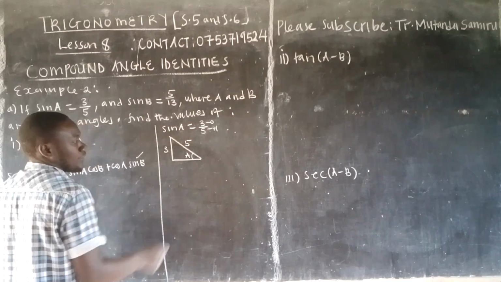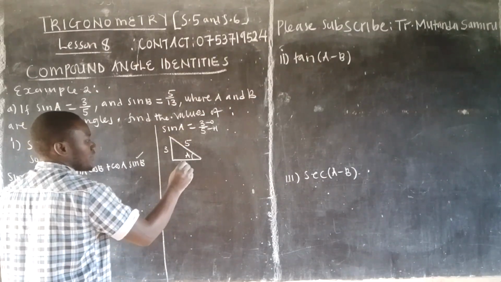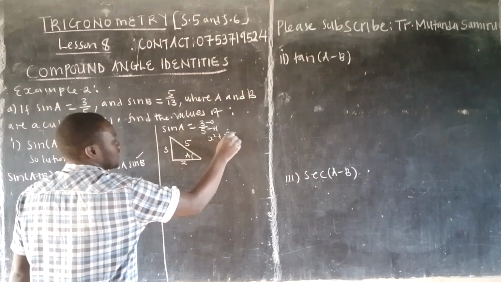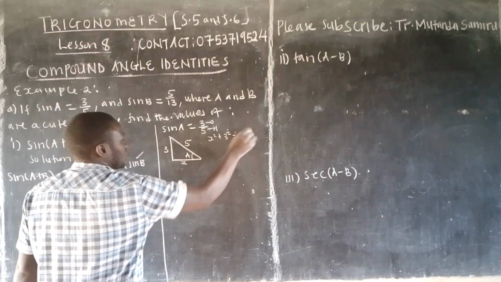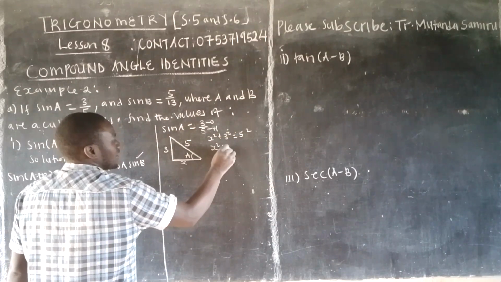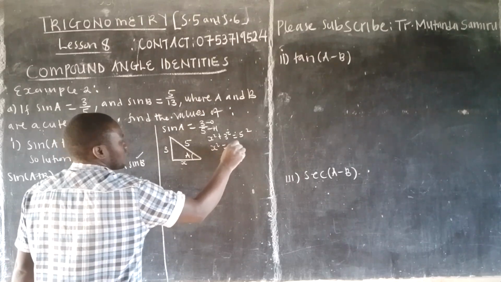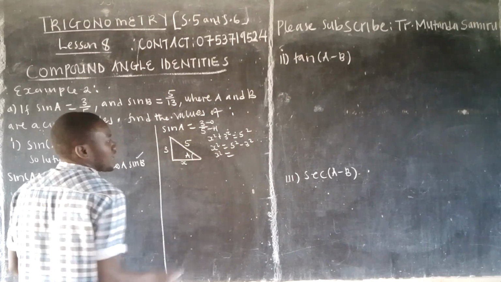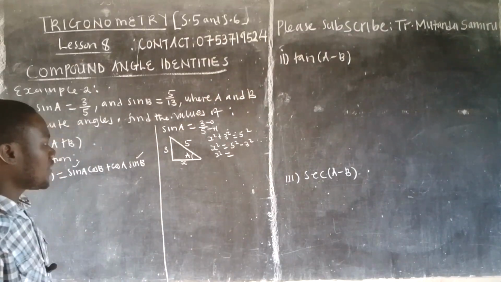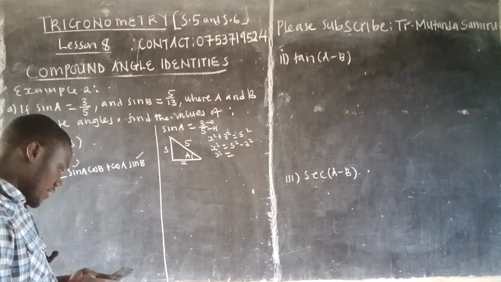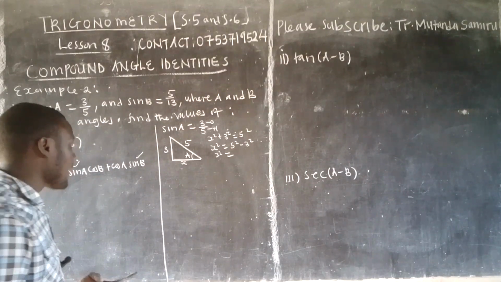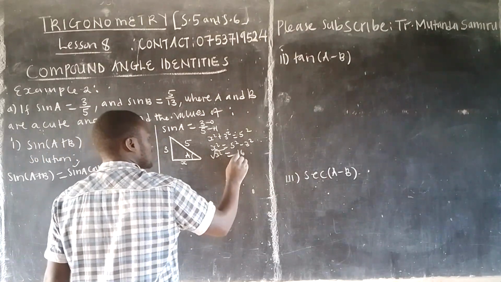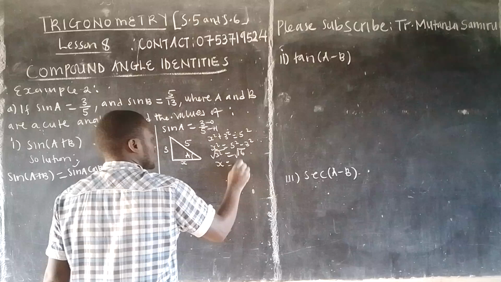Now we need the other side, which I will call x. Then x squared plus 3 squared is equal to 5 squared. So x squared is equal to 5 squared minus 3 squared, which is 25 minus 9, that will be 16. So x is equal to 4.